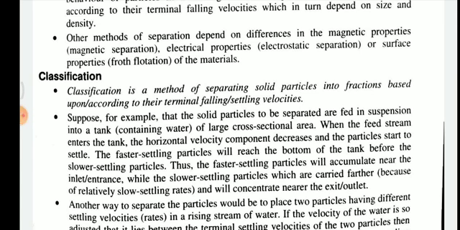So classification is a method of separating solid particles into fractions according to their terminal falling and settling velocities.